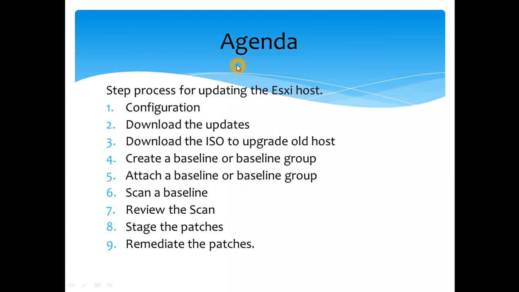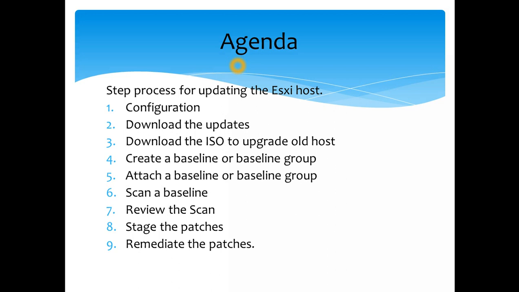So the agenda for today is the configuration side of VMware Update Manager, which is how to configure it. Then we'll go through downloading the updates, the process of downloading updates. There are a couple of scenarios we can go through.